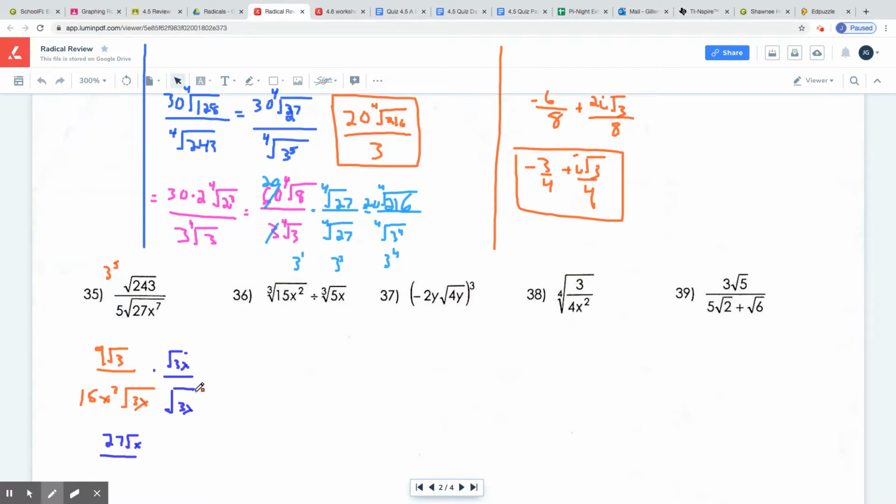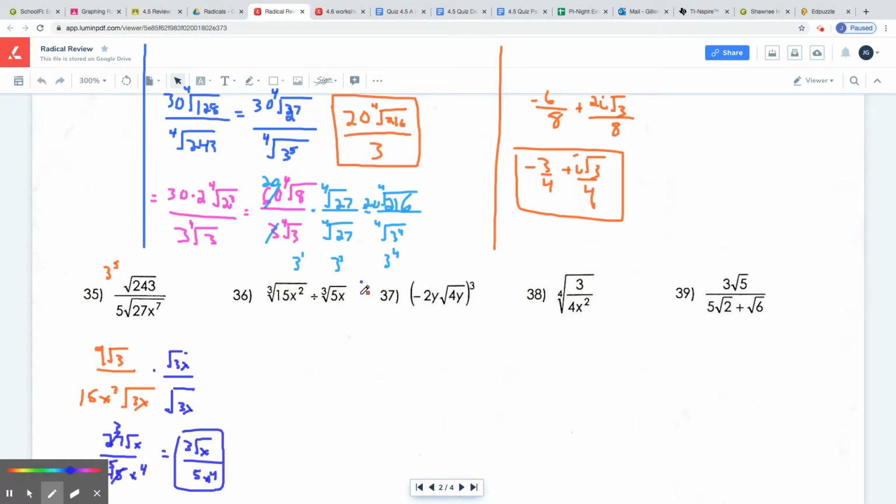Root 3x times root 3x is 3x. 3x times 15x cubed is 45x to the 4th. And you probably notice we could have simplified the 9 and the 15 to start, but we didn't. So what goes in? 9 goes into that 3 times. 9 goes into that 5. So I get 3 root x over 5x to the 4th.